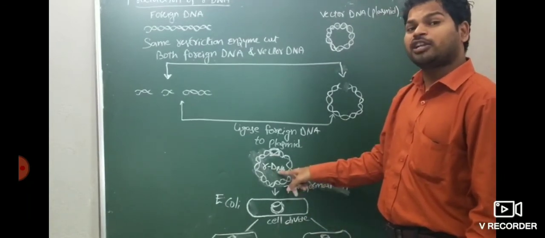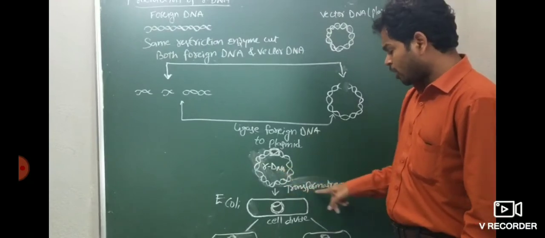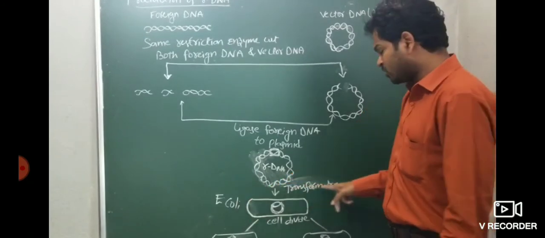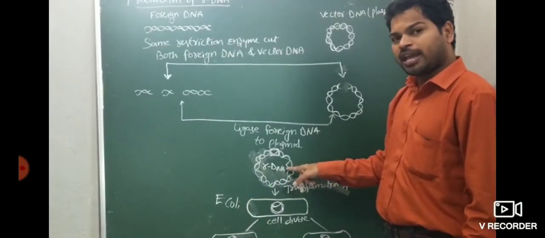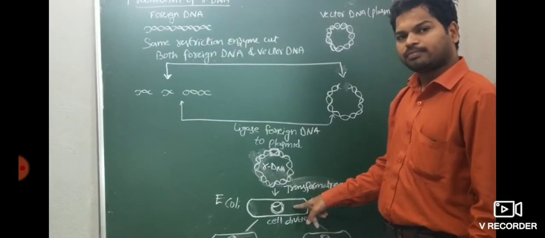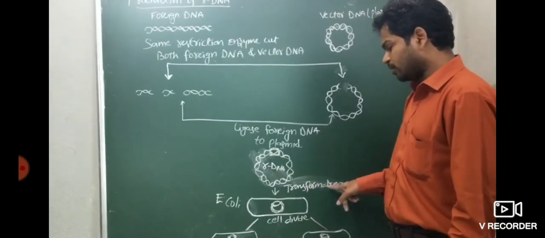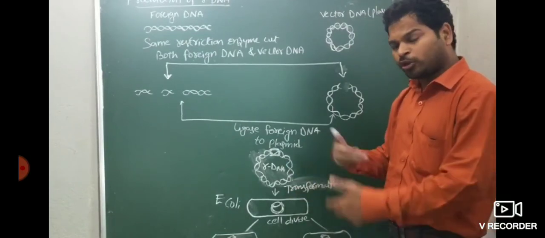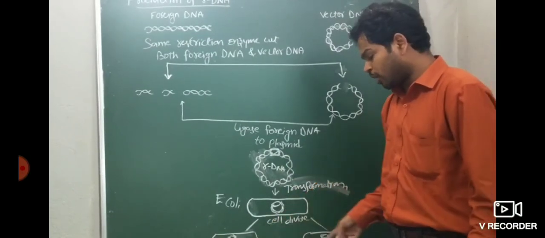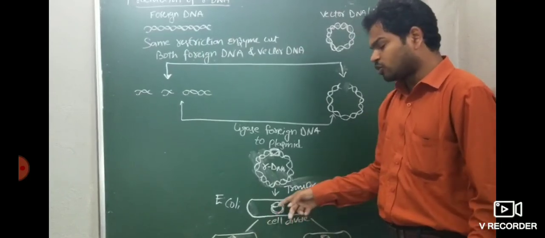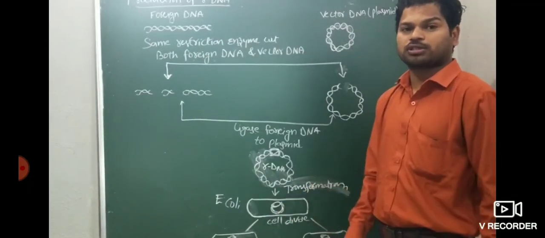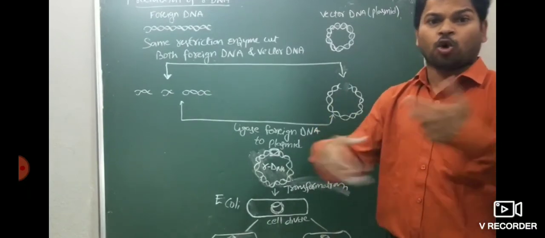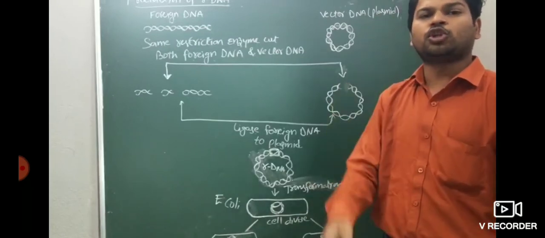After ligation, rDNA, recombinant DNA, is formed. The recombinant DNA is transferred into the host organism, Escherichia coli. Placing the recombinant DNA into the host organism is called transformation. Then Escherichia coli divides and produces daughter colonies. The daughter colonies also have the desired DNA fragment along with the host. Producing multiple copies of the desired gene along with the vector in the host organism is called gene cloning.